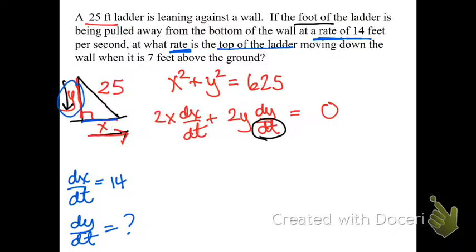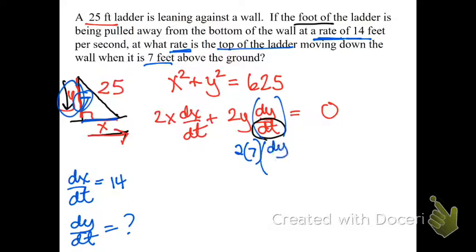Okay, what else do I have? At this moment, the ladder's top is 7 feet above ground. That means that right now the y is 7. So I'm going to fill in that y is 7, and I'm going to fill in all my other stuff. dy/dt, that's the question.